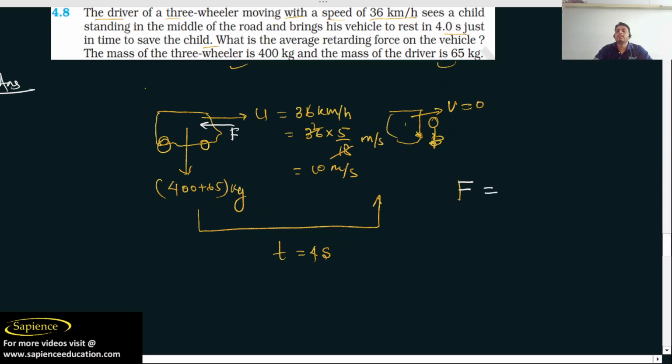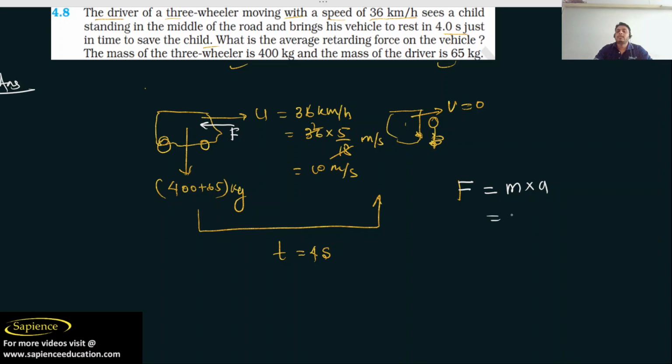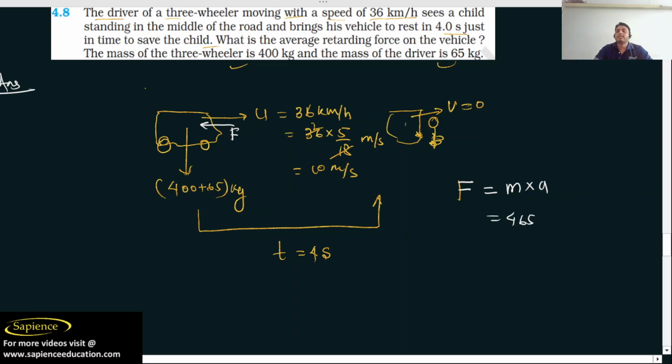Force will be equal to mass into acceleration. Since acceleration is negative, so mass is 465. Acceleration means final velocity minus initial velocity by time t.